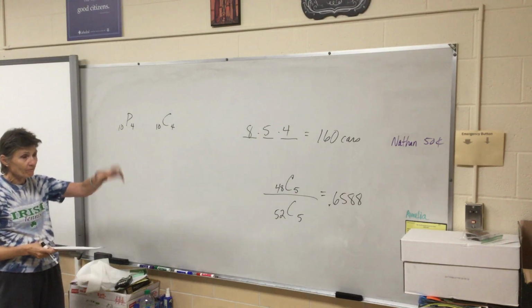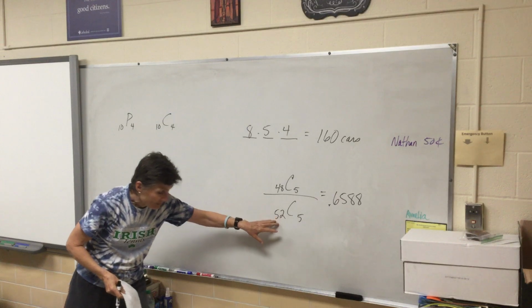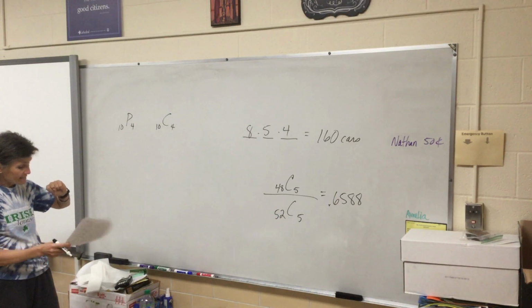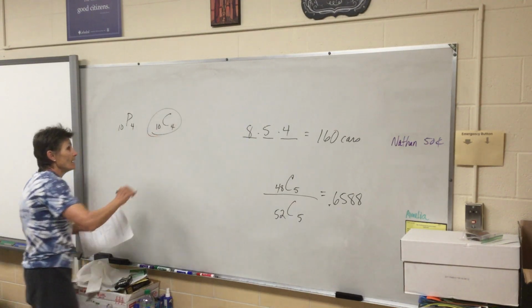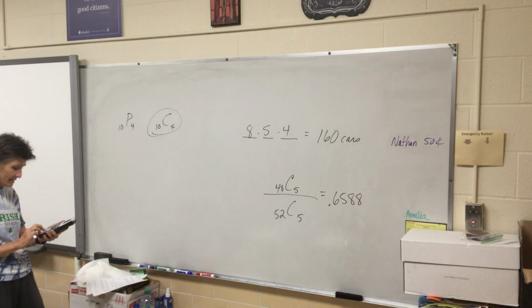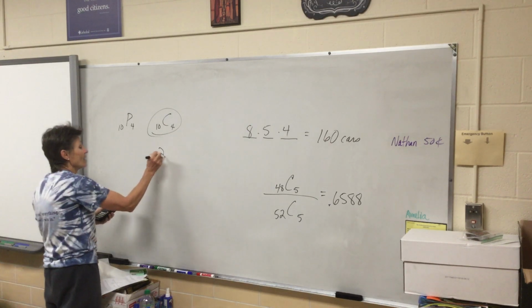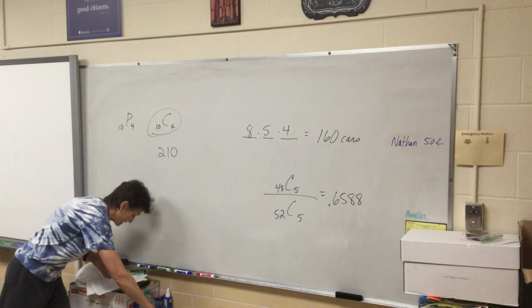Whenever you're picking 4 from 10 or 5 from 52, it's either a P or a C. Since this is a committee, it's going to be a C, because the order I am picking them doesn't matter for a committee. If I were picking a president and a vice president, then it would matter, but I'm picking a committee.